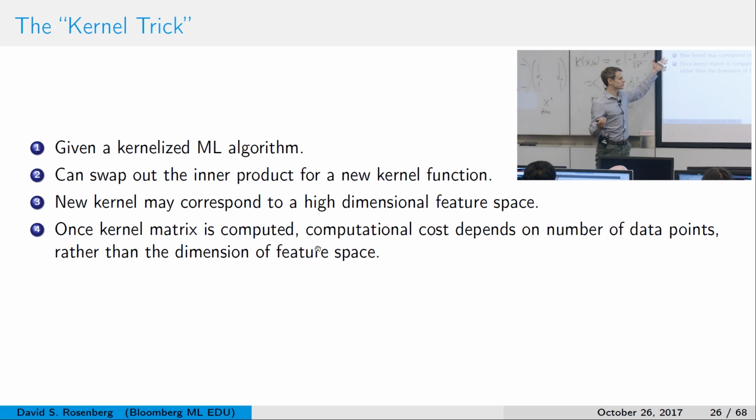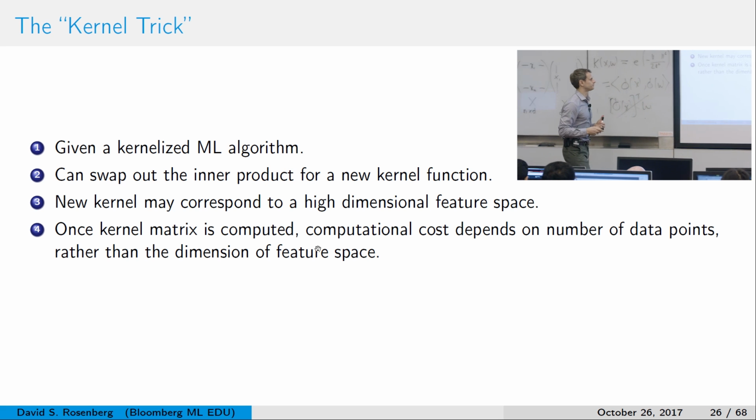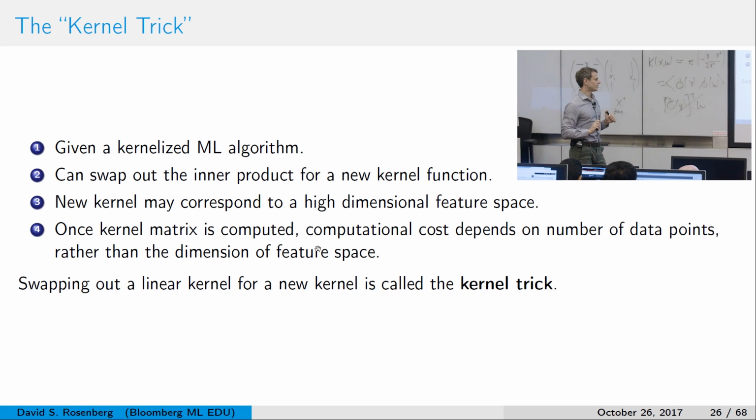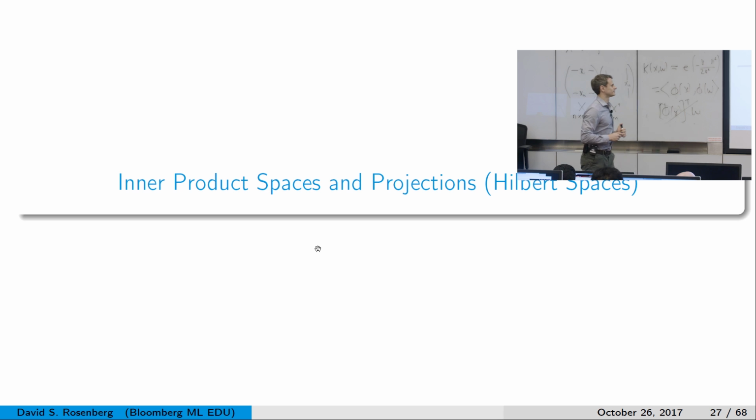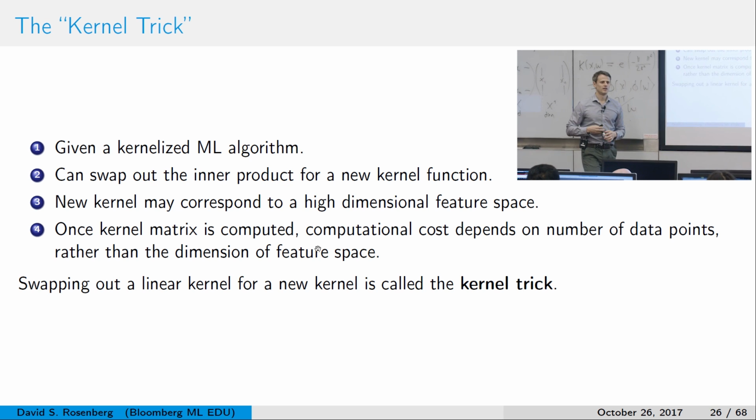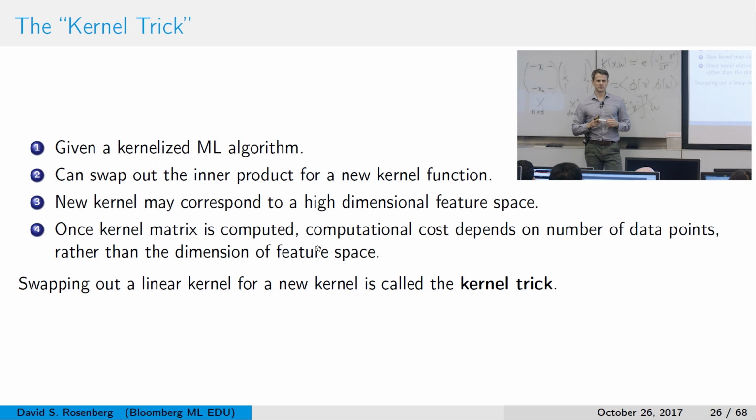We get a result corresponding to the new high dimensional feature space. And this swap of the linear kernel for this new kernel, that's called the kernel trick. All right. So any questions on this development so far?